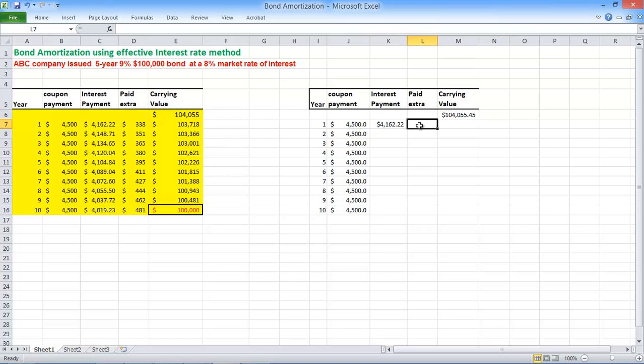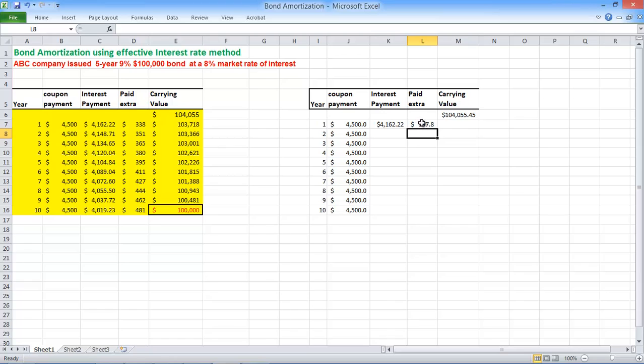But effectively, we are paying 4,500, while our interest bill is only 4,162, so we're paying an excess amount, and that excess is this minus this.